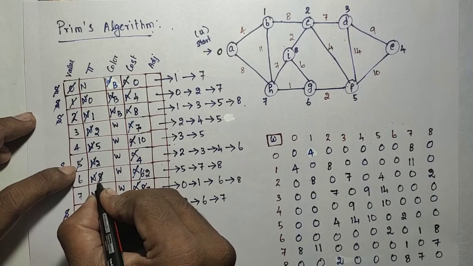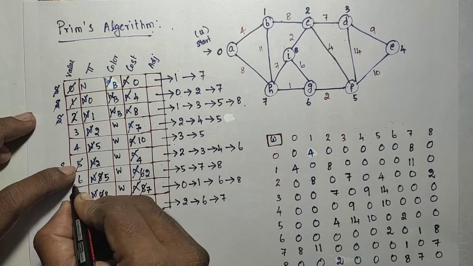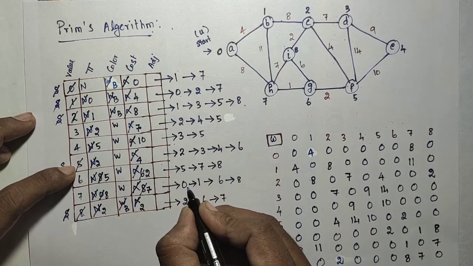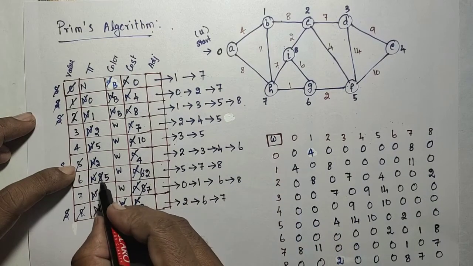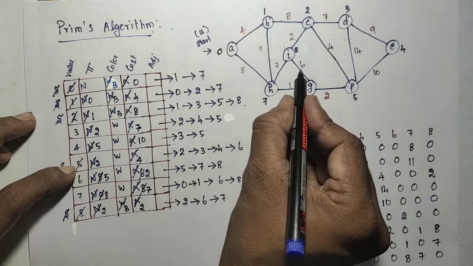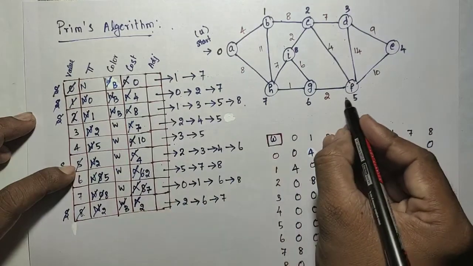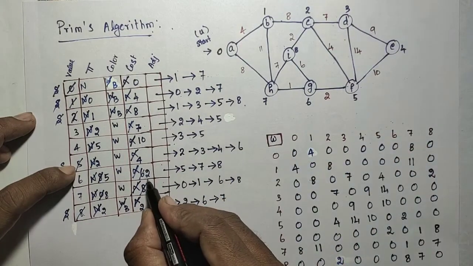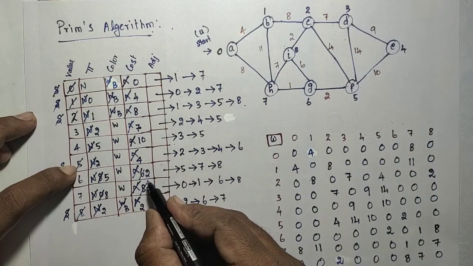Now the parent is updated with 5. So 5 to 6 is 2. Previously 8 to 6 was 6. Now 5 to 6 is 2. Like that, it is updated.